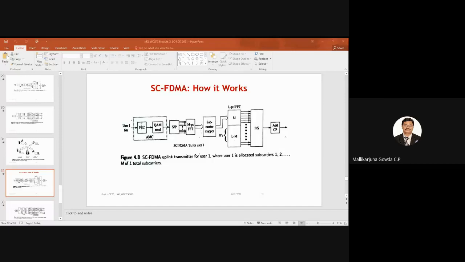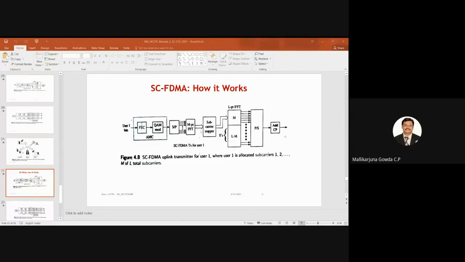So what is done here? The first thing is the same: user 1 bits are passed to AMC. What happens in AMC, you know. Then serial to parallel. Try to understand here: we are using FFT in the transmitter. In the case of OFDMA, we used to do IFFT first, but here we are not doing IFFT.